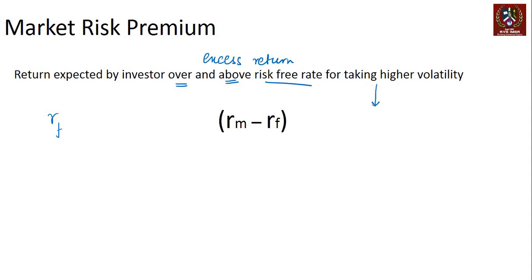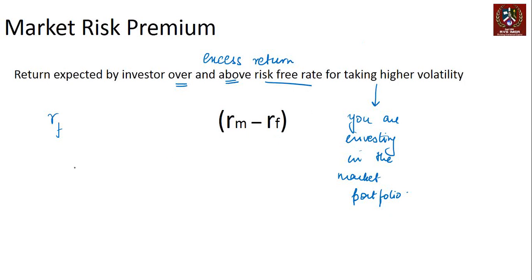And why are you taking this higher risk? Because you are investing in the market portfolio, which is a set of securities in the equity market. And because you're investing in this, which is, let's say, something like the BSE 30, you would expect a slightly better return over and above the risk-free rate.